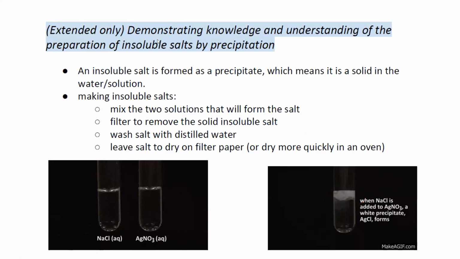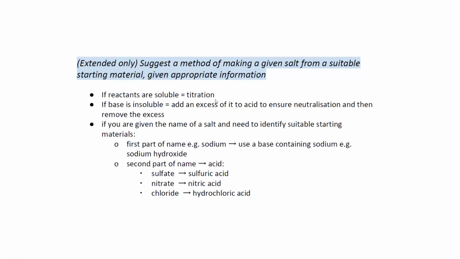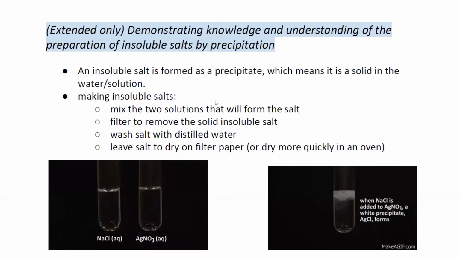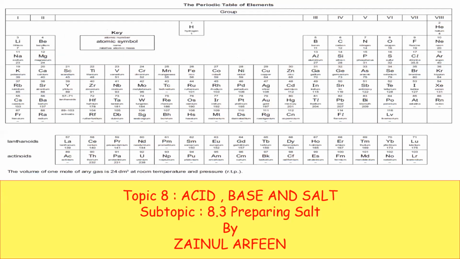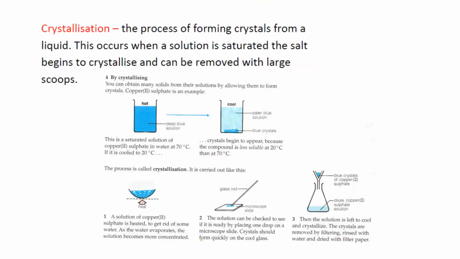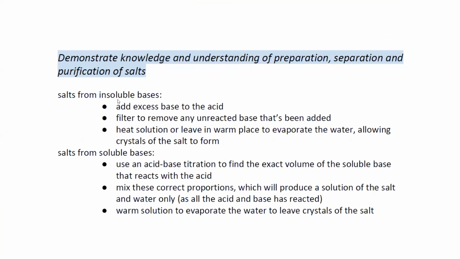So there are different ways to prepare salt as we discussed. So what are the ways? I will quickly recall the methods to prepare salt. Number one, we can use insoluble bases such as metal oxide or metal carbonate. We can use a soluble base, and for this we use titration.